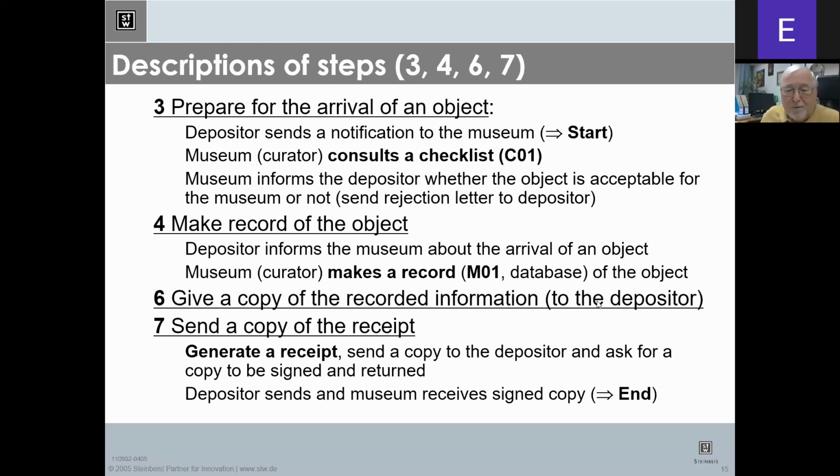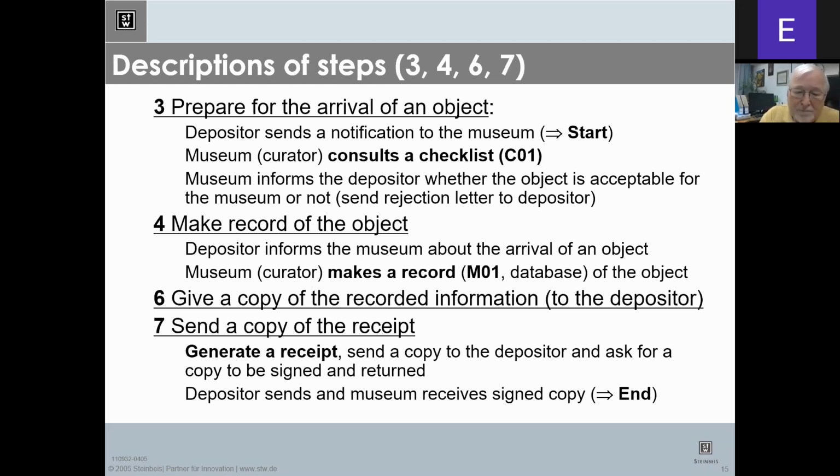Then we have these formal things: give a copy of recorded information to the depositor, send a copy of the receipts. This can be one thing. And this I have already explained to some extent.